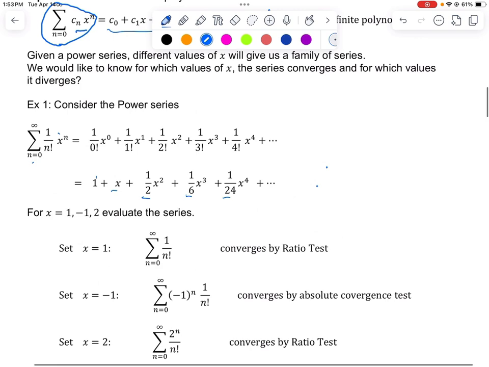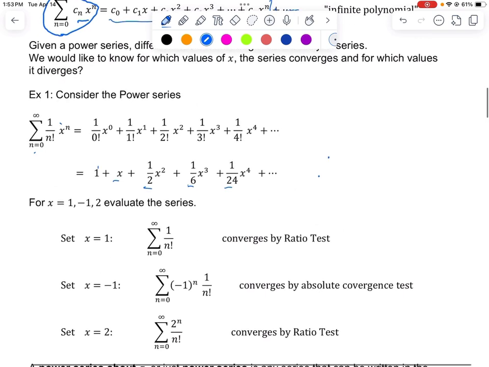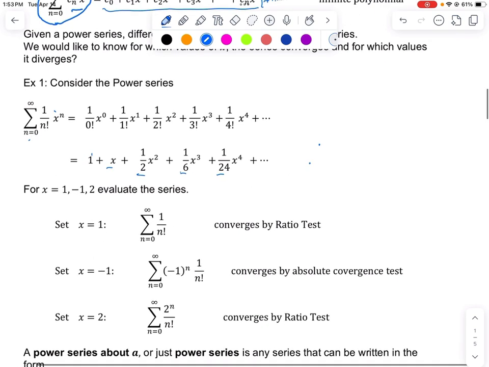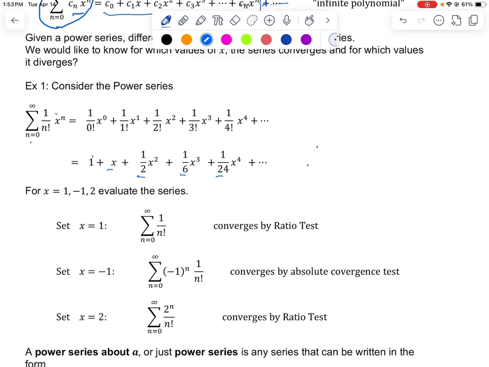Now how do we evaluate? Well, for x equal to 1, what will be the series? You plug in 1 and you get summation of 1 over n factorial. If you plug in x equal to -1, in place of x you are getting -1, so (-1) to the n over n factorial.